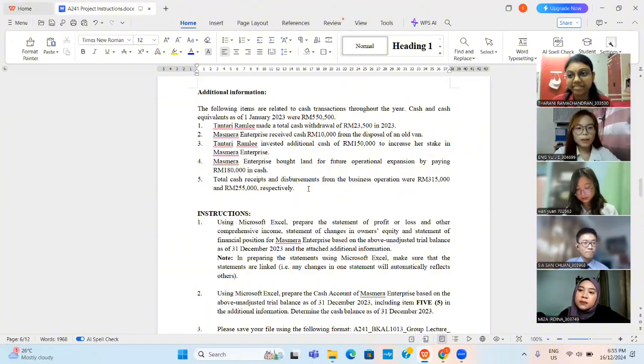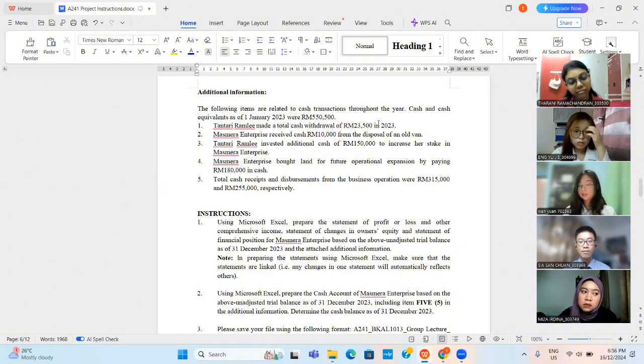For this, first we need to know what is net cash and what is the factor of net decrease in cash. Adding cash is when the organization receives money, and expenses are when the organization spends money on something. We know that the cash equivalent as of January 1, 2023 is 550,500.